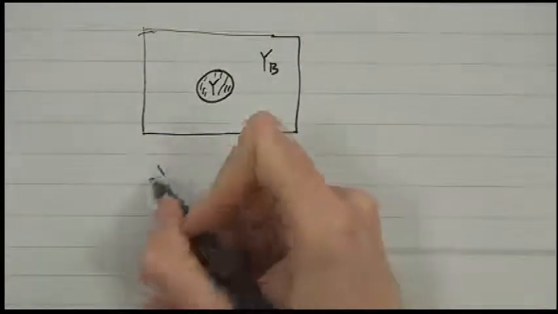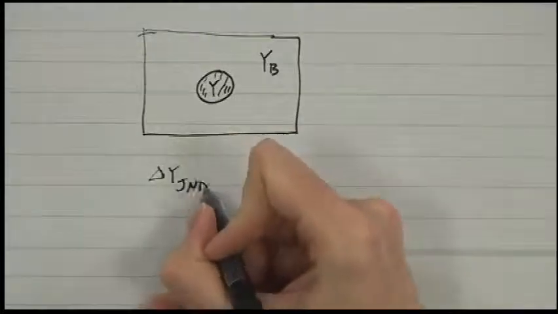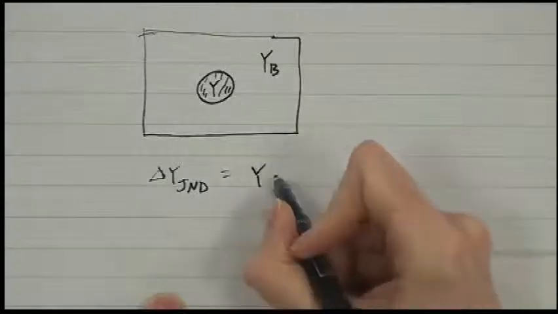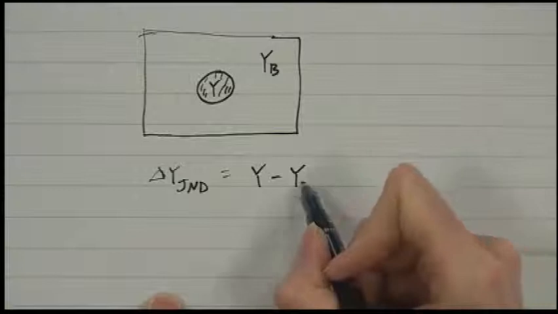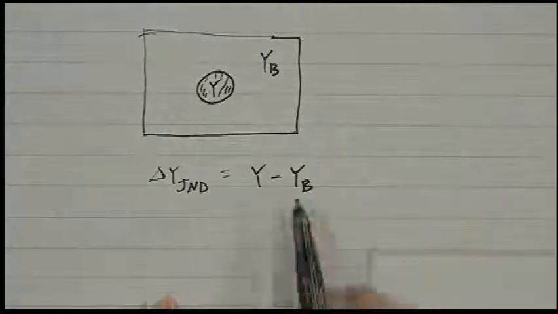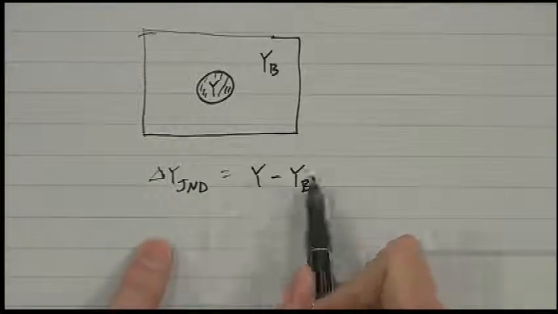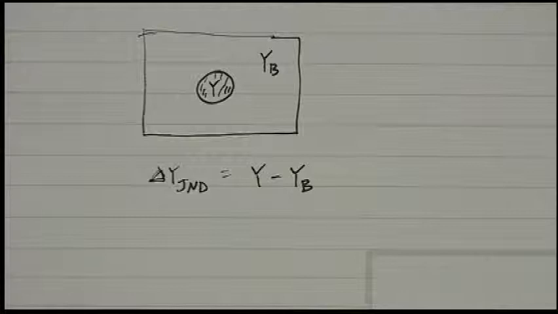That's what's known as delta Y JND, and it's the change in luminance where a person can just perceive the difference, 50% of the time, is the definition that was given here.